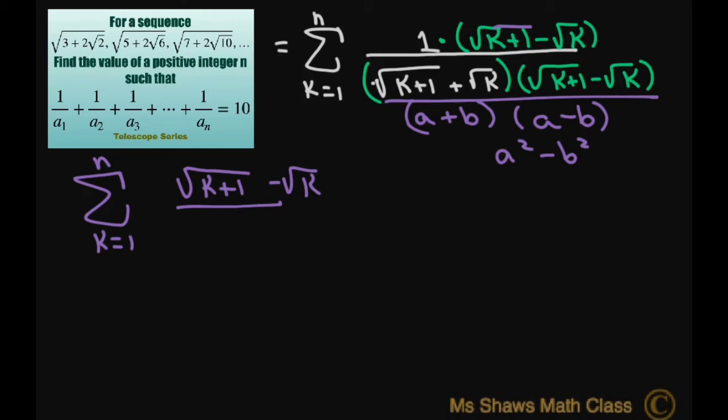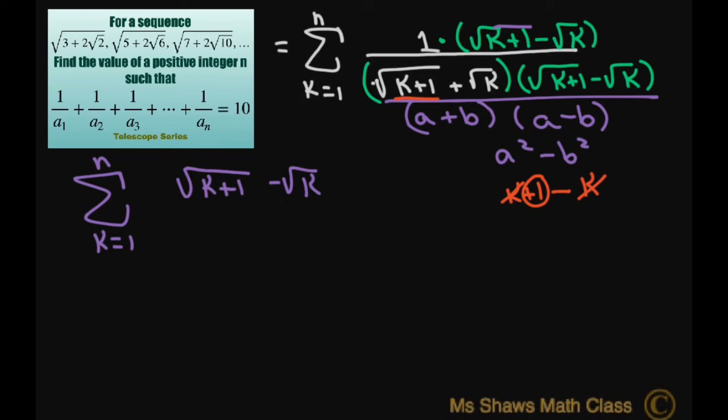For the denominator, you square this: the square root of k plus 1 squared is just k plus 1, minus k. So basically we just have a 1 because the k's cancel. So our denominator is just 1, and we don't really need to put that, so let's erase that. So this is what we have now.